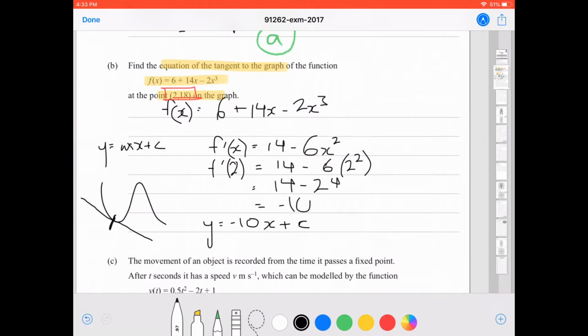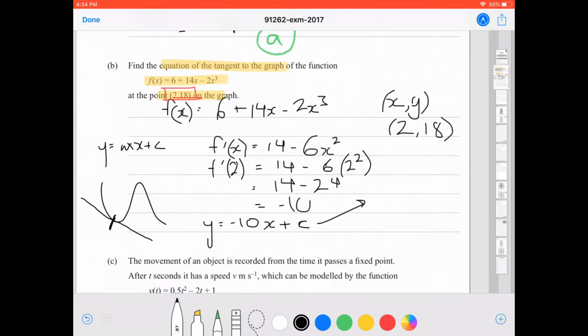And to do that, we take a point where we know the tangent passes through it. Okay, and we've got this point (2, 18). So a coordinate is written in the form x, comma y. And we've got (2, 18) as a point that the tangent passes through.